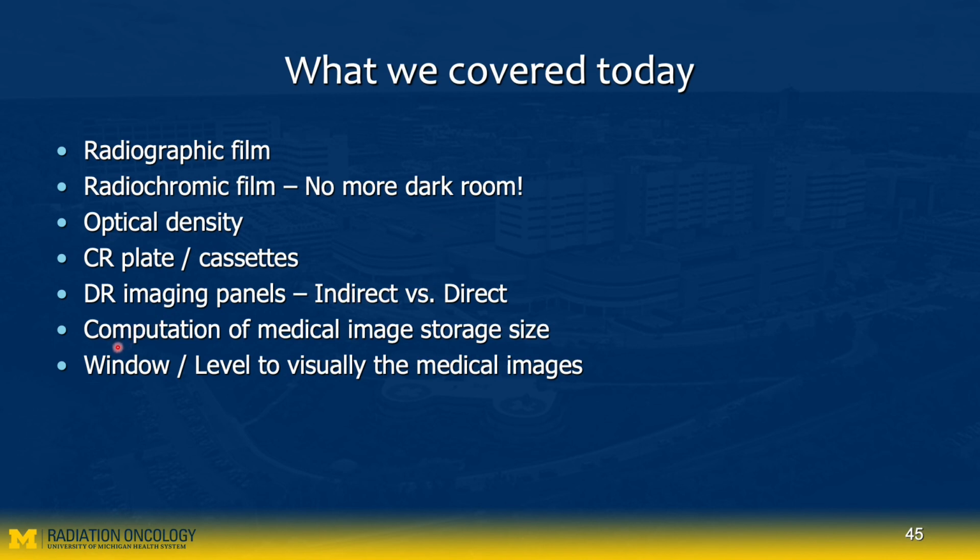Then we attempted to compute the file size of medical images, and now we all know the difference between 12-bit, 16-bit, and so forth. We learned today that one CT slice is typically about 0.5 megabytes. And we concluded today by showing window and leveling.